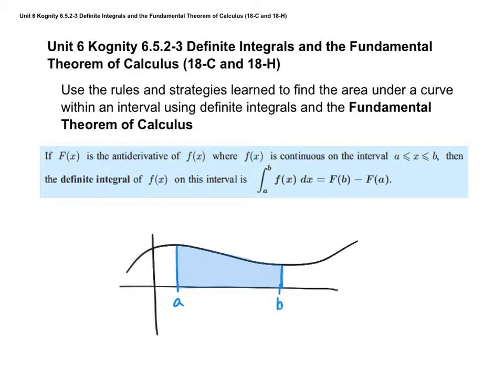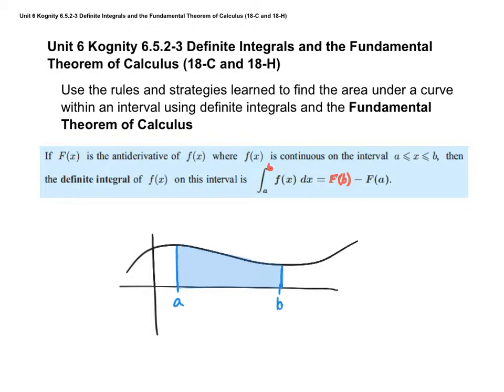Well, let's look at this. Capital F of B is the antiderivative evaluated at B. So all those antiderivatives we've been finding, you would plug in this upper limit or upper bound of the definite integral, okay?